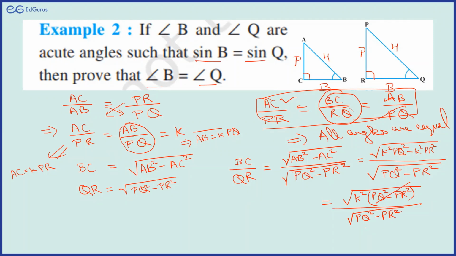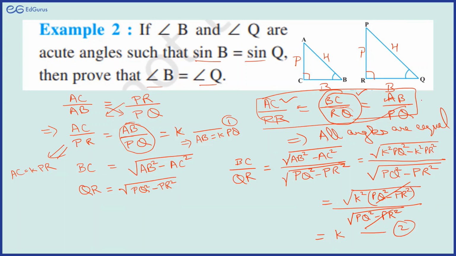So now this and this get cancelled, right? Now square root of K square is K. So what did I prove? That BC upon QR is equal to K. So using this 1 and 2, I can write now AC upon PR is equal to AB upon PQ is equal to BC upon RQ, right?